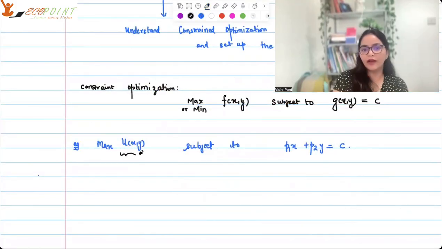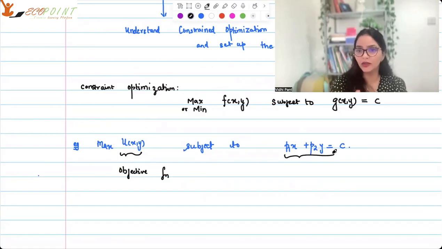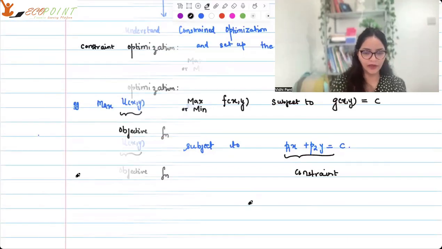Since u(x,y) is your objective function, this is your limitation, your constraint, like money. So two things give you happiness, but you have a limited amount of money. How will you maximize your happiness using that money?